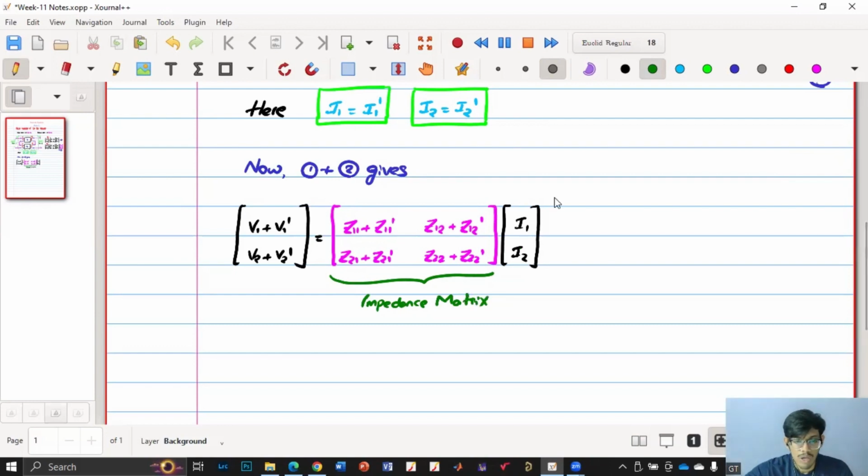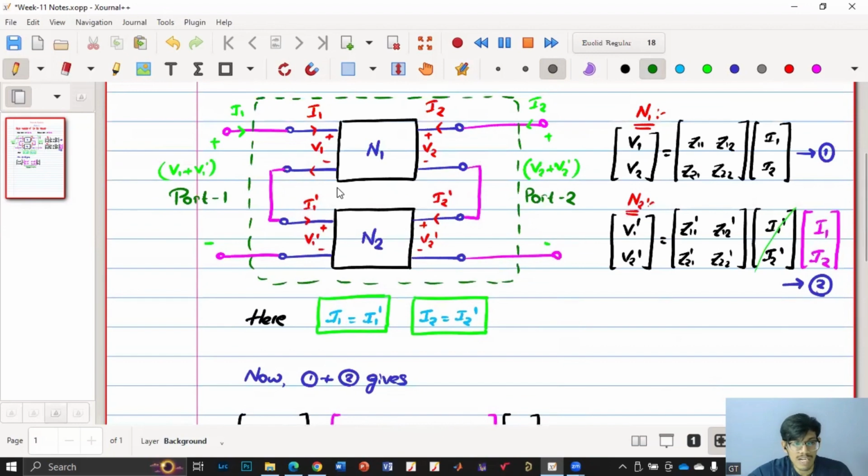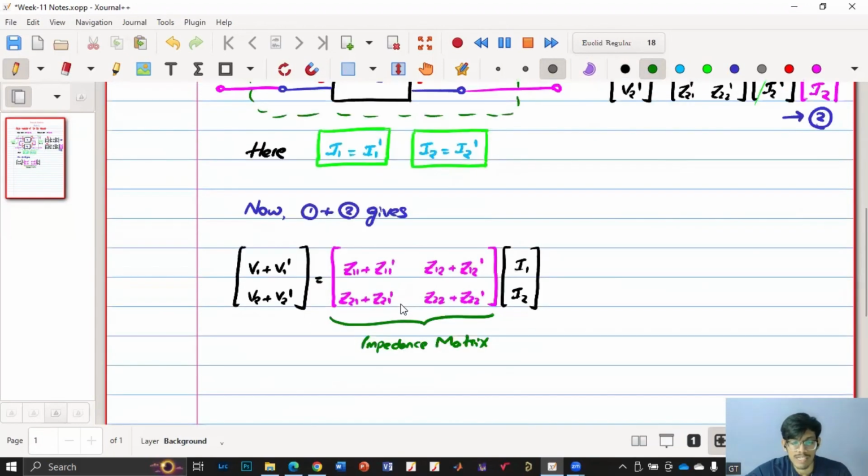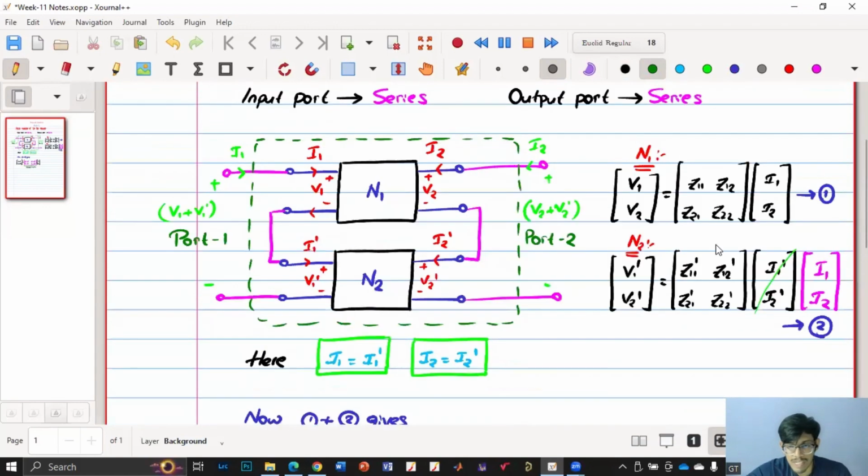So now you can see if two networks are connected in series, then the impedance matrix of the overall network is just the summation of the impedance matrices of the individual two-port networks. Here we are considering the Z matrix. On the RHS side, we have currents as a common term, so we can directly add the matrices.